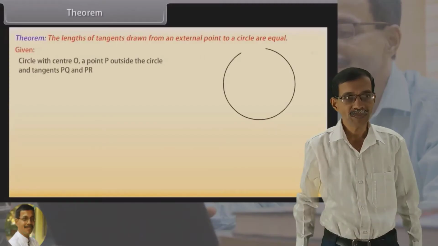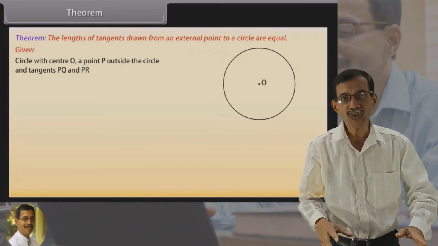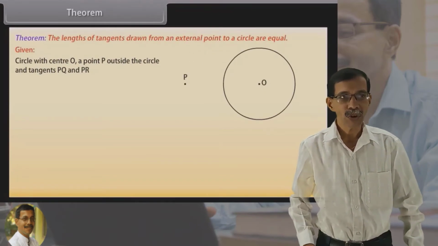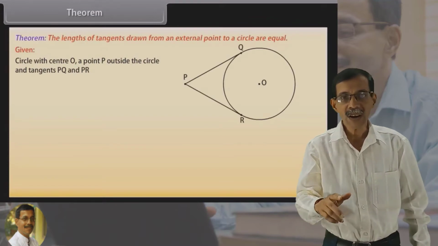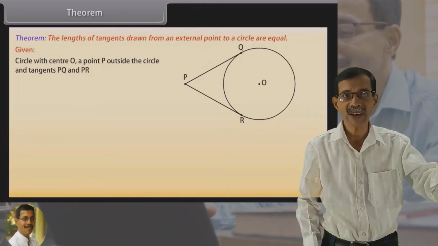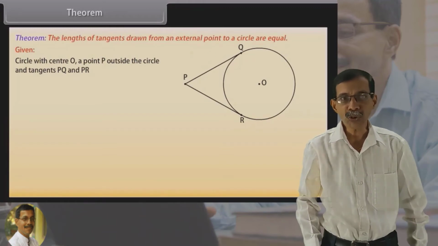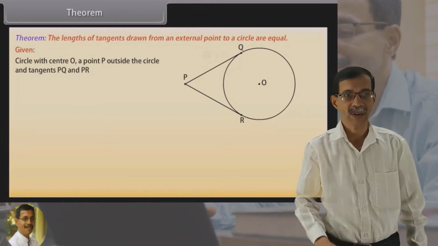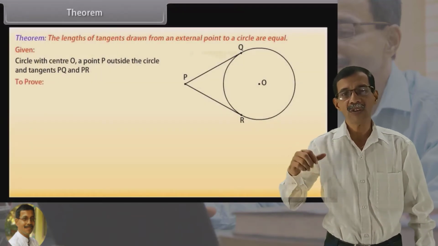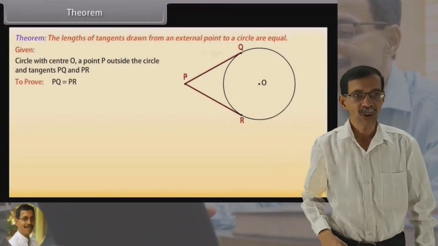As per this theorem, the length of tangents drawn from an external point to a circle are equal. So given is a circle with O as a center and point P lying outside the circle, and the two tangents PQ and PR. So we have to prove that PQ is equal to PR.